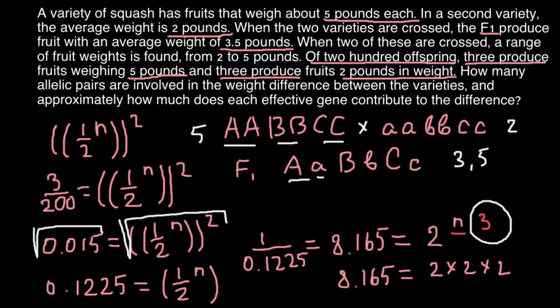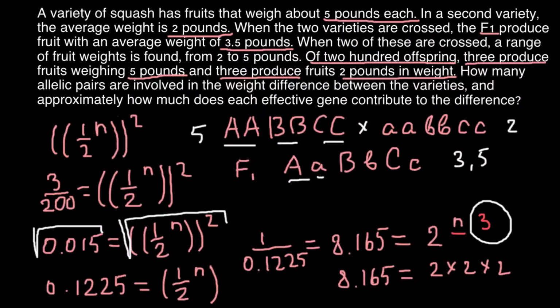That's why this genotype here is not the same as this phenotype. So phenotypically these two would be different. This would be 3.5 pounds in weight, and this genotype here would be 5 pounds. So how can we find how each allele adds to the trait?